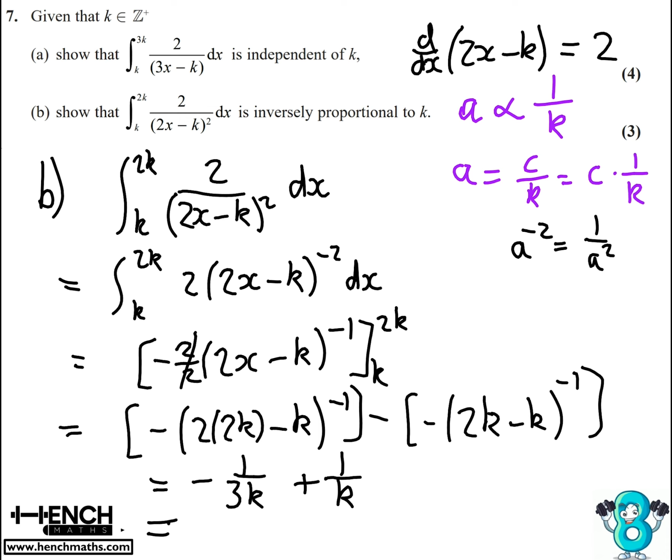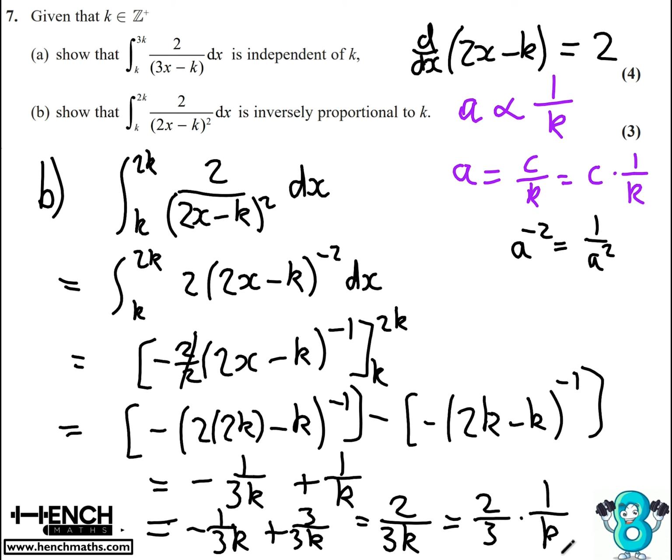So we can add these together, using our rules of the common denominator for adding fractions. We could say it's negative 1 over 3k plus 3 over 3k, and that gives us 2 over 3k, or if you like, 2/3 multiplied by 1 over k.